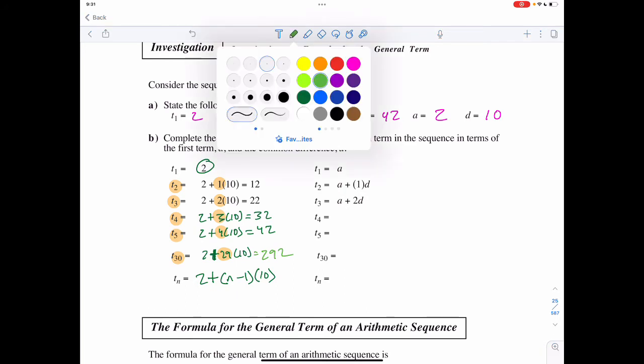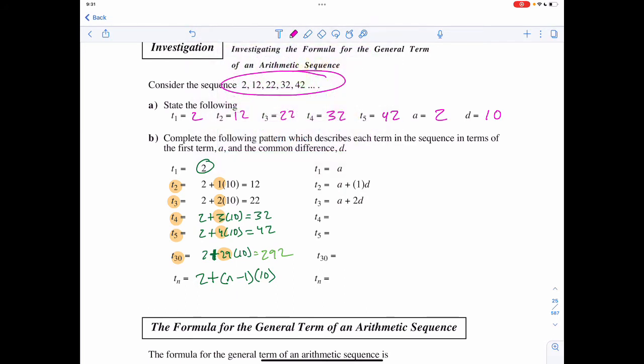Now, how does this work for our general formula? Well, term 1 was a, term 2 was a plus 1 times the common difference, term 3 was a plus 2 times the common difference, term 4 would be a plus 3 times the common difference, term 5 would be a plus 4 times the common difference.